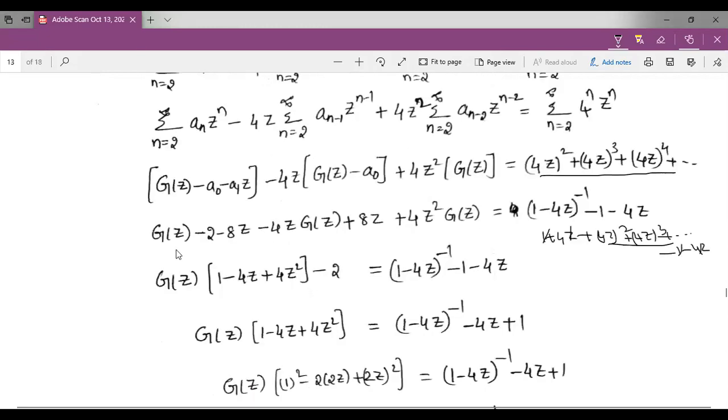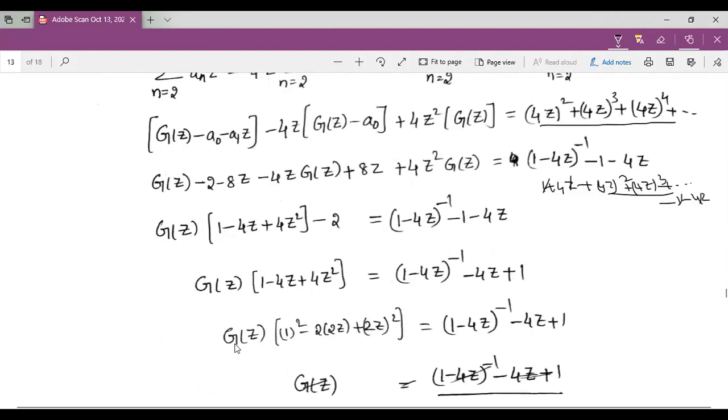So g(z) into (1 minus 4z plus 4z square) minus 2 is equal to (1 minus 4z) inverse minus 1 minus 4z. So this minus 2 plus 2 minus 1 plus 1. The left side can be written as 1 square minus 2 into 2z plus (2z) square, an (a minus b) square form.